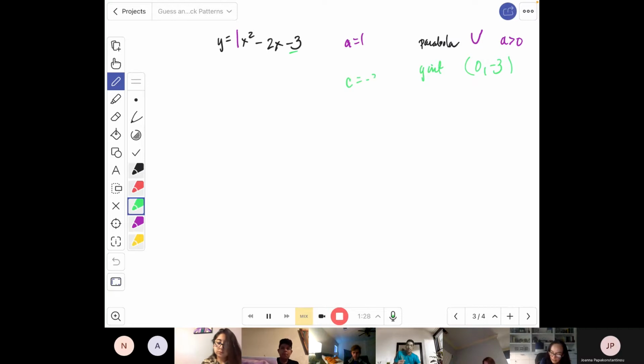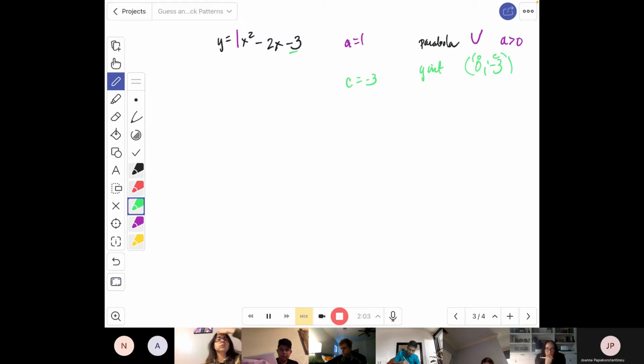Because C is -3 and the y-intercept is 0, C. Does everybody see that? Ariana, does that make sense? Natalie? Can you get this information? Nathan? So far, so good?